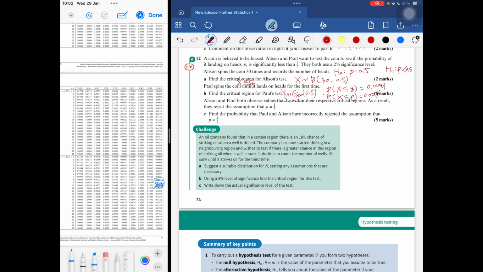And B, the critical region for Paul's test. So now, if it is smaller than, then we may have a larger number of times to find the head. So the probability of Y larger than some specific number A is less than 0.02.